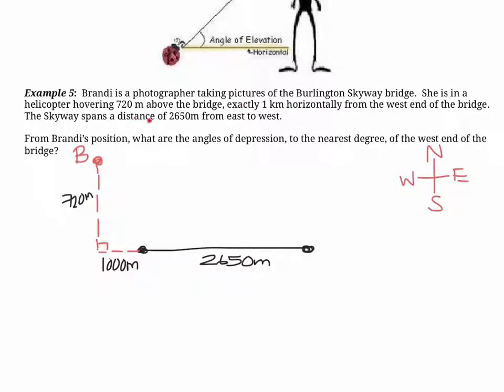The skyway spans a distance of 2,650 meters from east to west. From Brandy's position, what are the angles of depression, to the nearest degree, of the west end of the bridge? I want to change just one thing. We're going to say west end and east end, so we're just going to add that in.